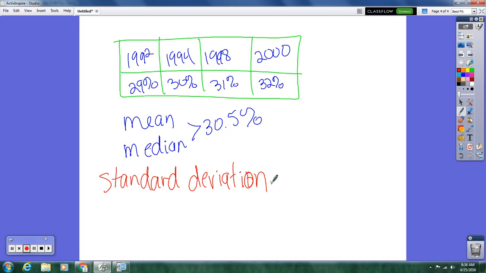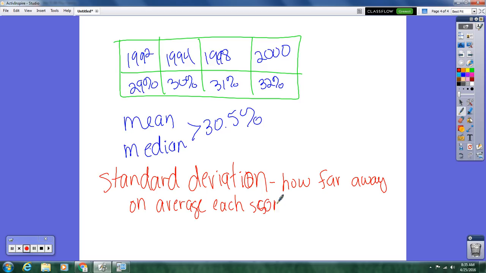I'm guessing not. The deviation from the standard, yes. What would the standard be? Which one of those do you think the standard would be? The mean. This is technically, in layman's terms, how far away on average each score is from the mean.